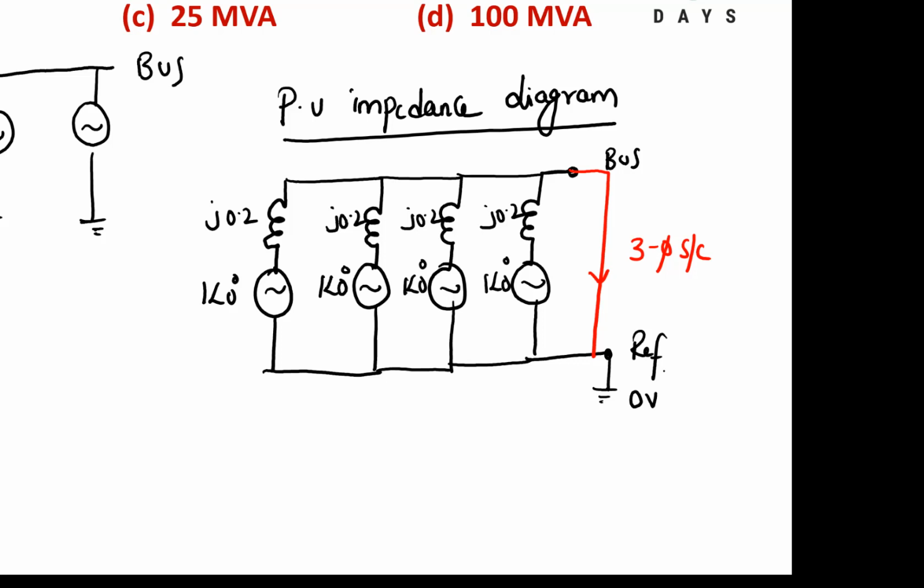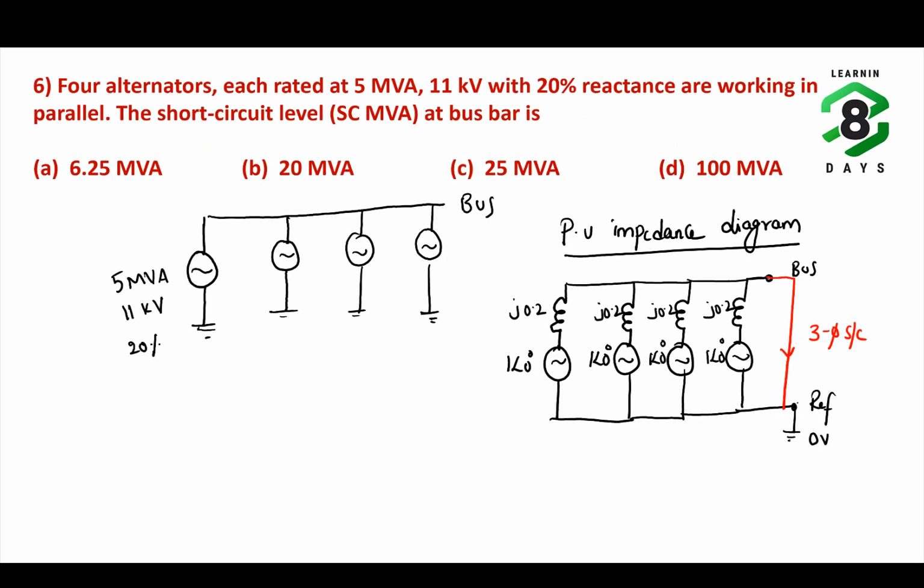To calculate the fault current, we have to Thevenize this per unit impedance diagram between the bus and the reference. So if you calculate Thevenin's equivalent of this system, what are you going to get?